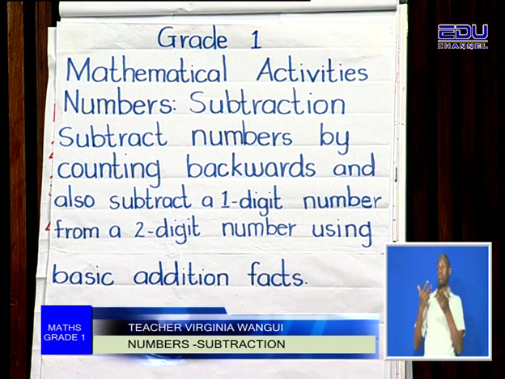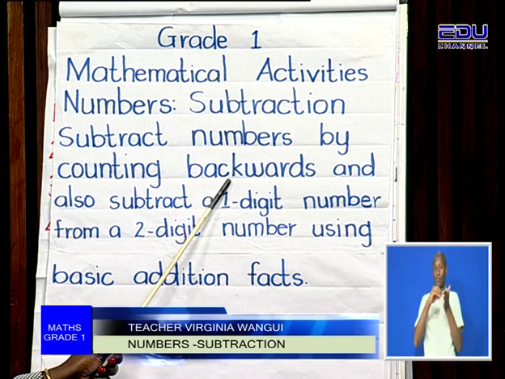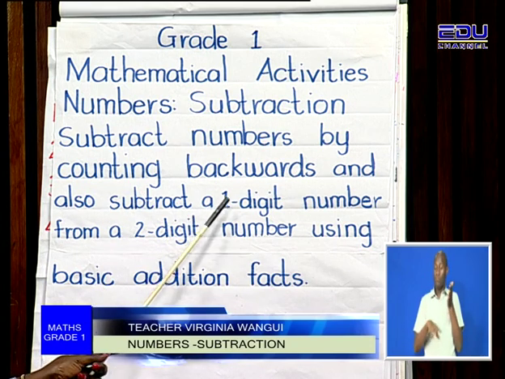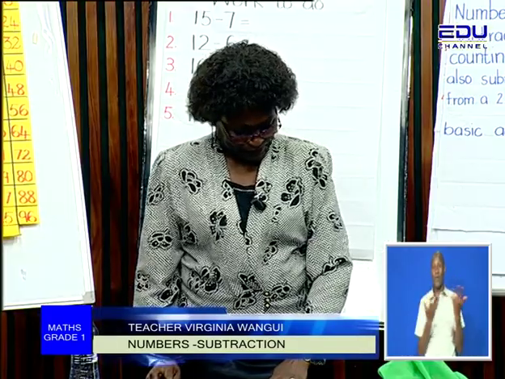We're going to subtract numbers by counting backwards, and also we're going to subtract a one-digit number from a two-digit number using basic addition facts. Welcome, my learner.